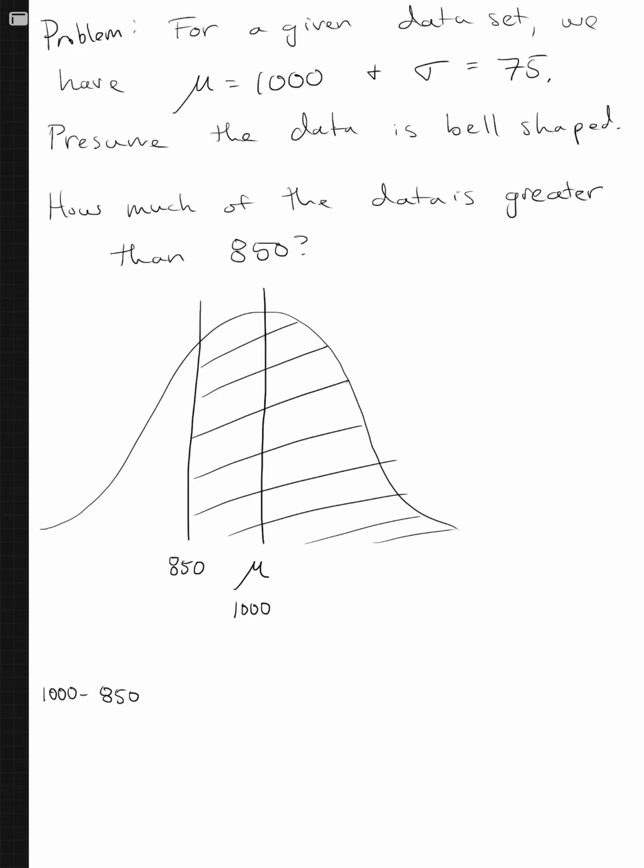That's how you figure out how far away two numbers are. So you subtract them. And if I want to know how many standard deviations that is, I'm going to divide that by the standard deviation we have. Right? So this is 2 standard deviations away.